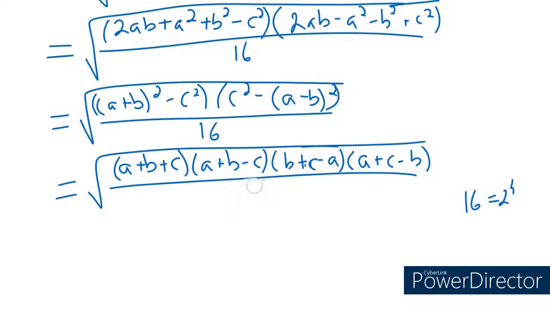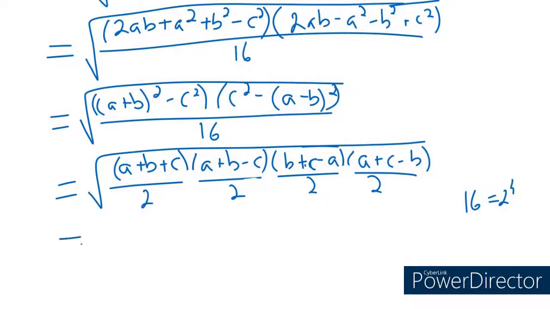And what I get here is a plus b plus c over 2 times a plus b minus c over 2 times b plus c minus a over 2 times a plus c minus b over 2. That's just an equivalent fraction you can get there. And finally, if you notice, a plus b plus c over 2 is equal to s.